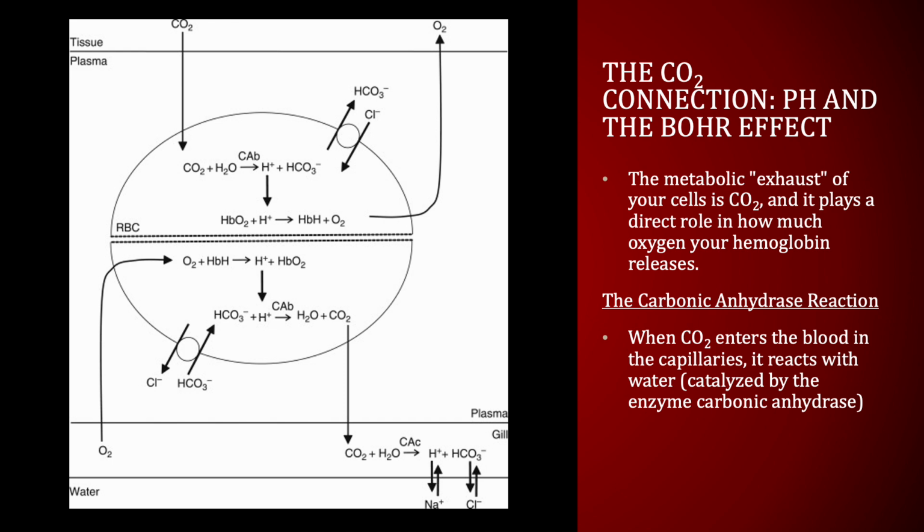So in the plasma tissue, the reaction produces many more protons, those hydrogen ions, which lowers the pH of the blood in the capillaries, making it more acidic. The Bohr effect is when these protons bind to specific amino acid residues on hemoglobin, and that stabilizes the T state, further lowering hemoglobin's affinity for oxygen.